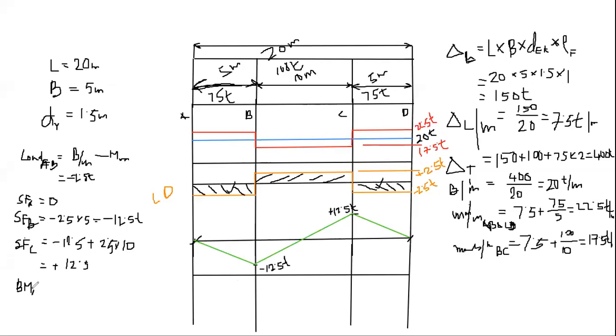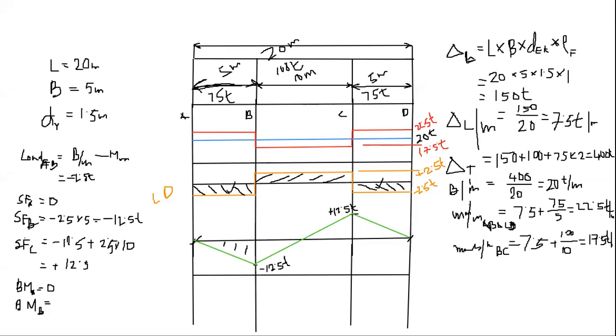So BMA will be 0 because it is a point, and then BMB will be this area, the total area. How much is the total area in this case?